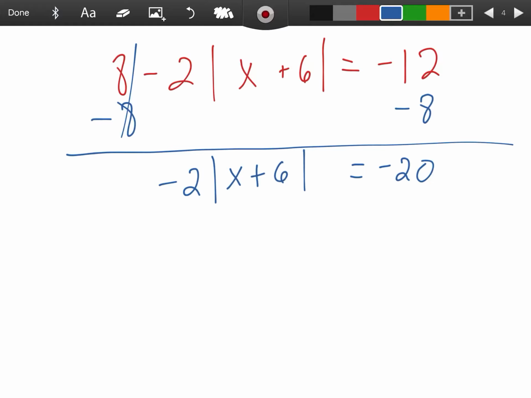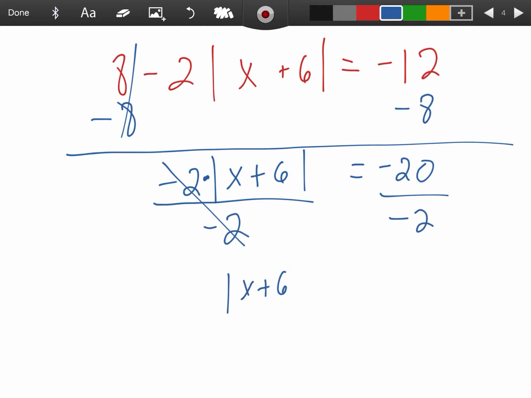Now I want to eliminate that negative 2. Remember, this is negative 2 times the absolute value of x plus 6, so I do the inverse operation of multiplication and divide both sides by negative 2. I'm left with the absolute value of x plus 6 equals 10.